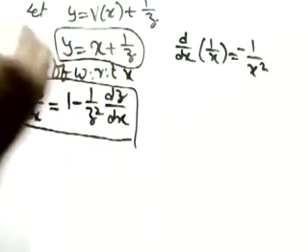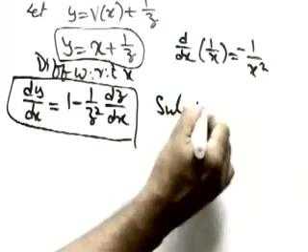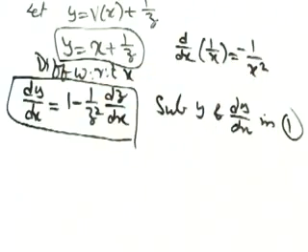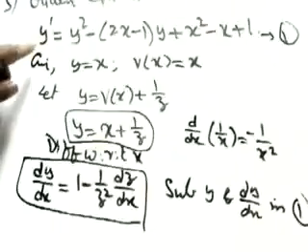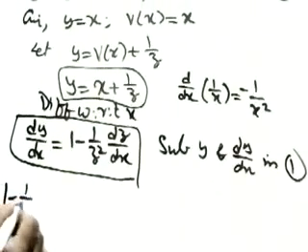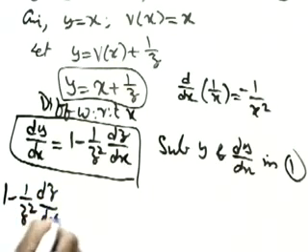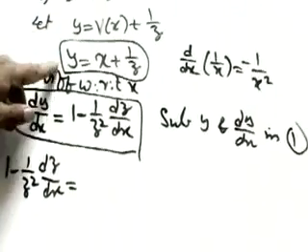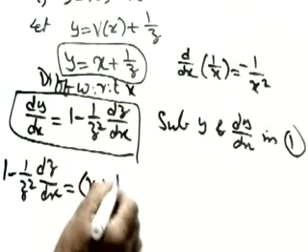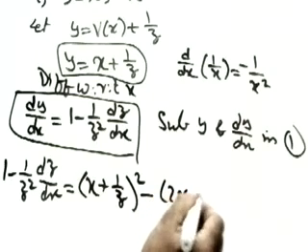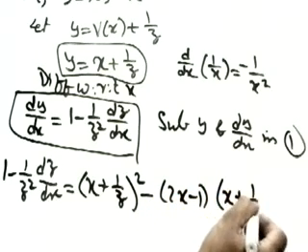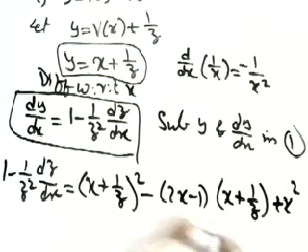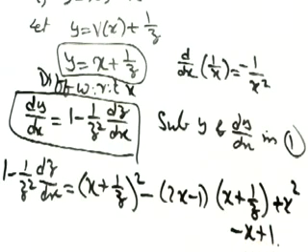In place of dy by dx we substitute this, and in place of y we substitute this in the given equation. So y dash will be 1 minus 1 by z square dz by dx equals, the value of y is x plus 1 by z, so x plus 1 by z whole square minus 2x minus 1 into x plus 1 by z plus x square minus x plus 1.